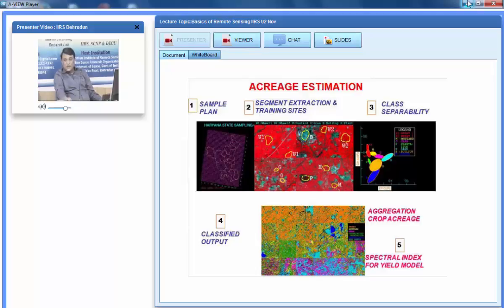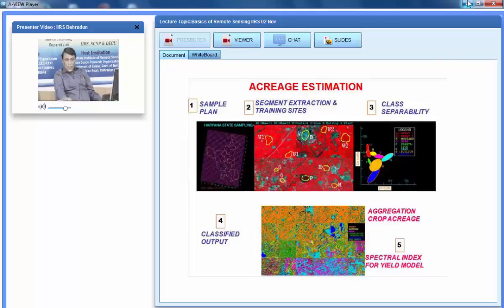Then separability analysis was done, to see which classes are how separable. After that, the supervised classification algorithm is run to classify different kinds of crops, and then the acreage of the 10 by 10 kilometer or 7.5 kilometer segments for the particular crop is aggregated to derive crop acreage at the district level.